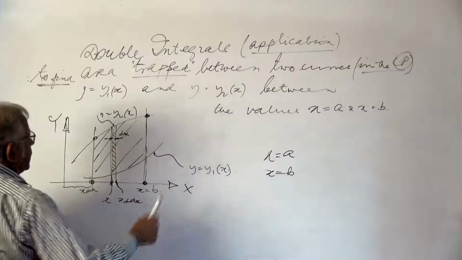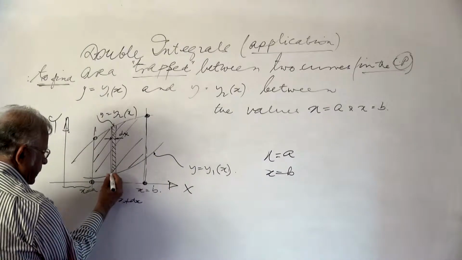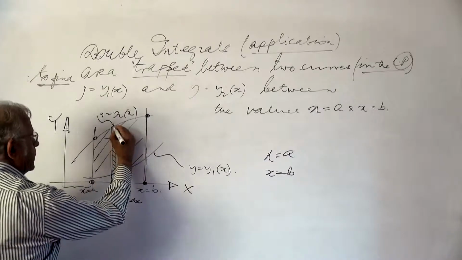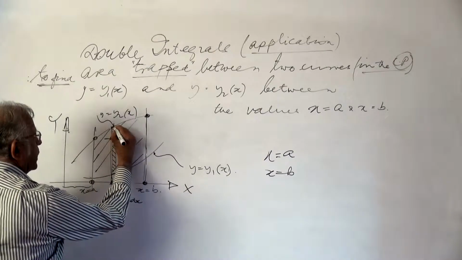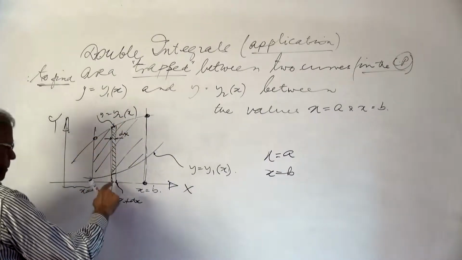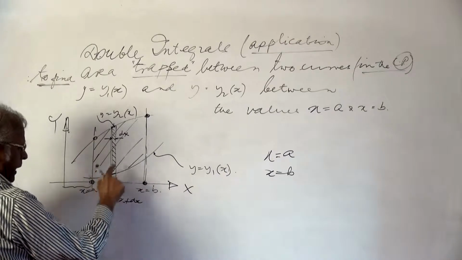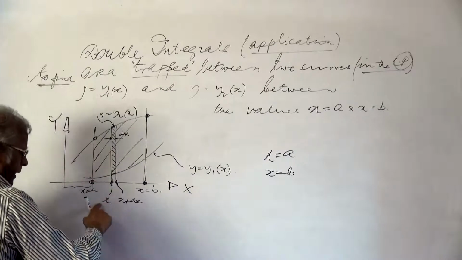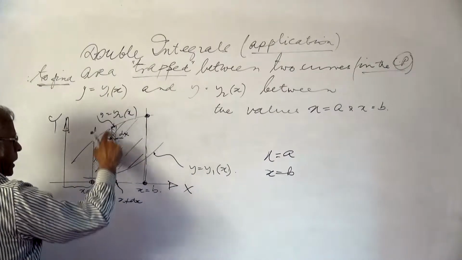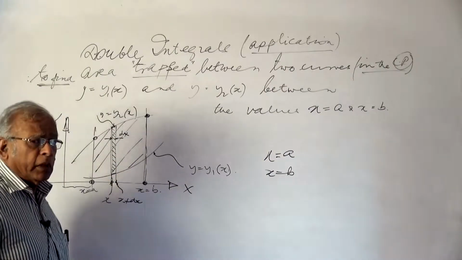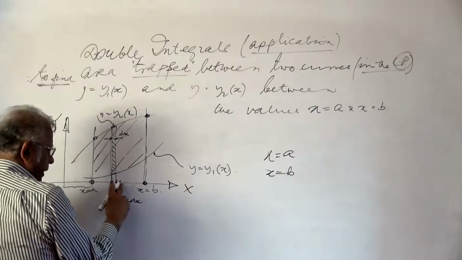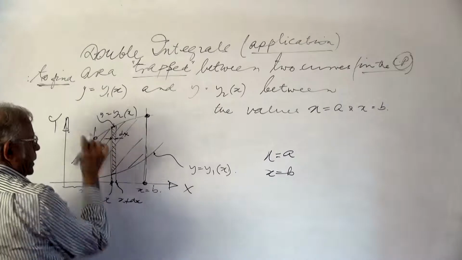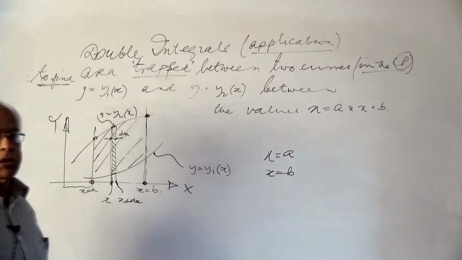A typical strip has, for its borders, part of the curve y = y2(x) and part of the curve y = y1(x), and this is taken at x, a typical general value of x, and the neighboring value is x + dx. So this strip width is just dx.